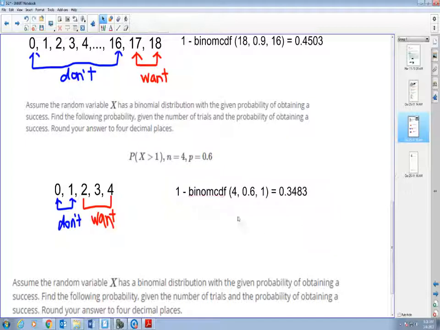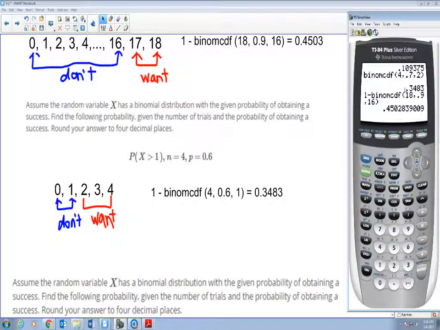Okay. Minus second distribute alpha letter B, 4 comma 0.6 comma 1. So that would be 0.8208.